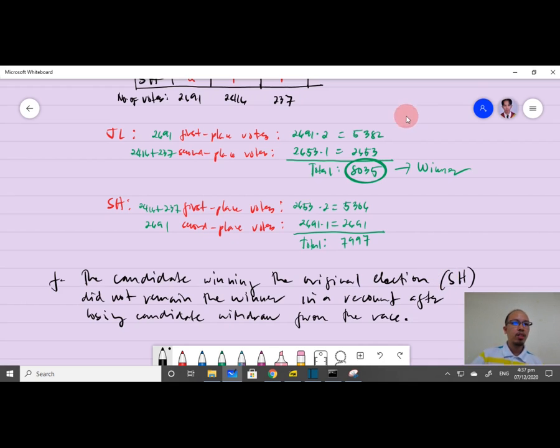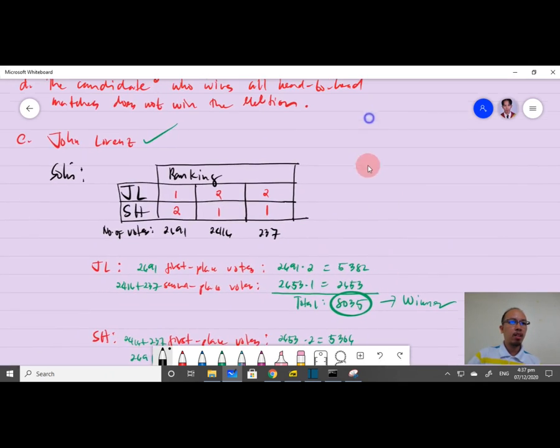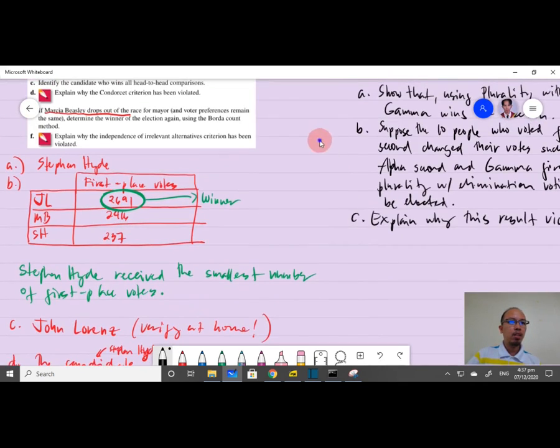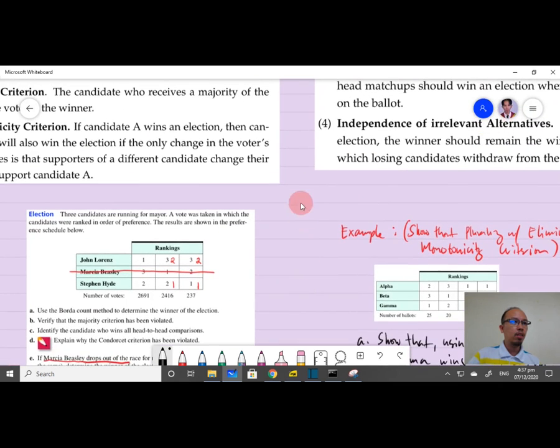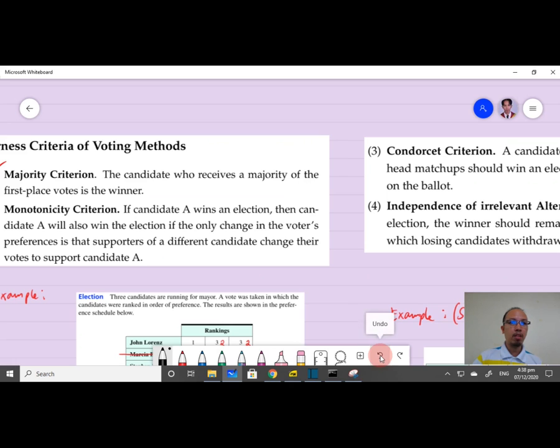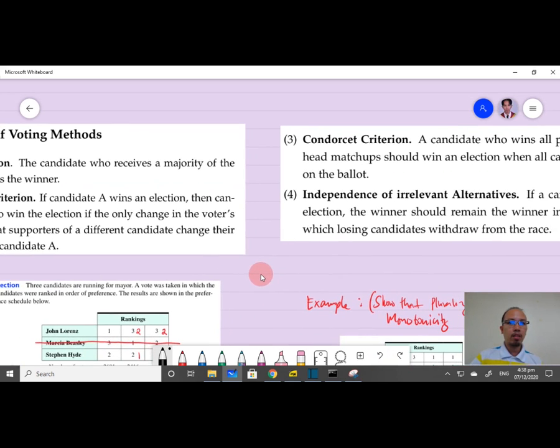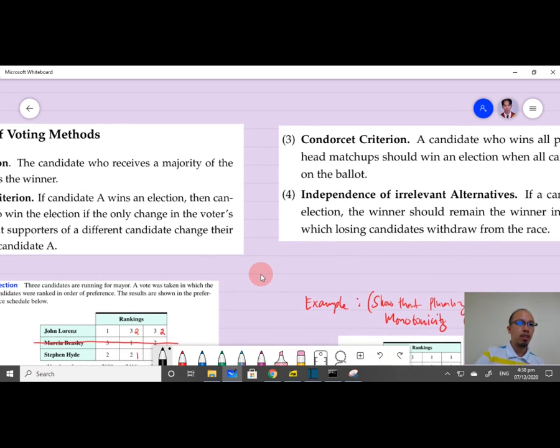Okay. So I guess we explained the majority criterion, the Condorcet criterion, and also the independence of irrelevant alternatives criterion, this one here.